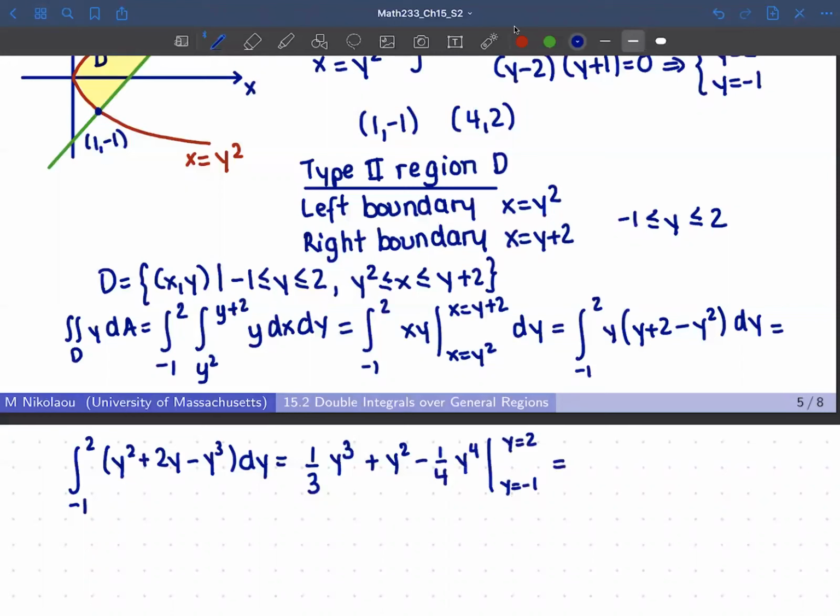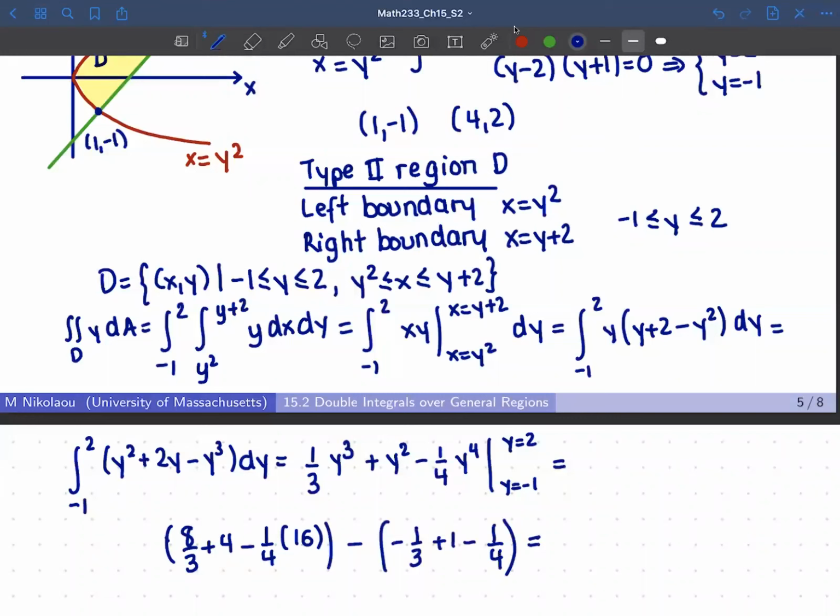So that will give us 8/3 plus 4 minus 1/4 times 16 for y equals 2. And then for y equals -1, we'll have minus 1/3 and then plus 1 minus 1/4.